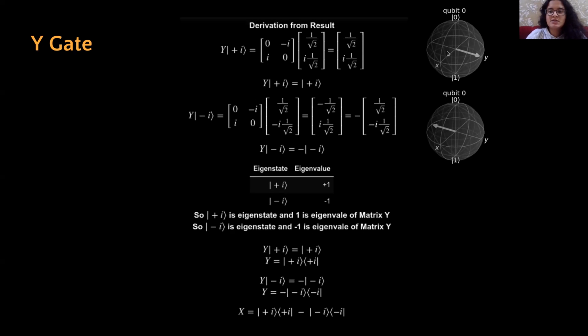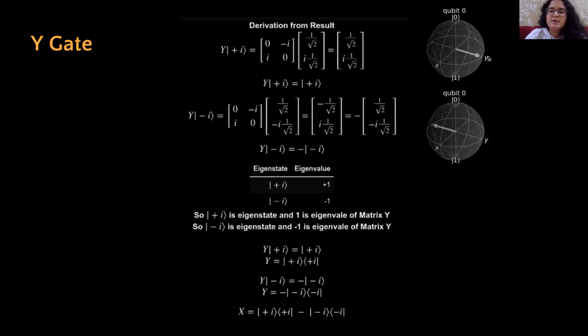So again, we just need to find its eigenvectors and eigenvalues, which are basically in the positive and negative direction of the y-axis, because these directions are aligned or parallel to the y-axis, and therefore are not affected by a rotation about the y-axis. A rotation about the y-axis will affect only those qubits which are perpendicular to the y-axis.